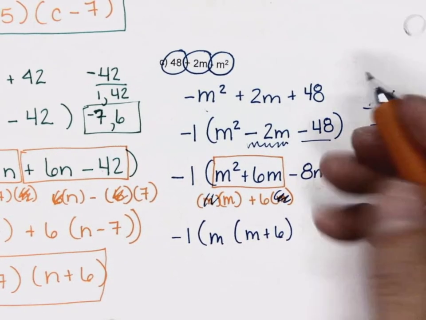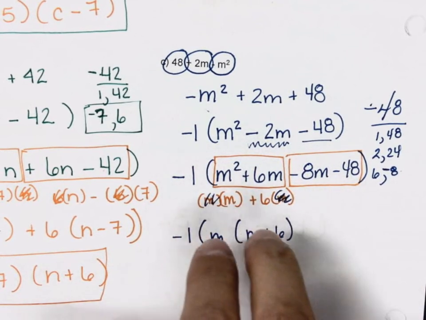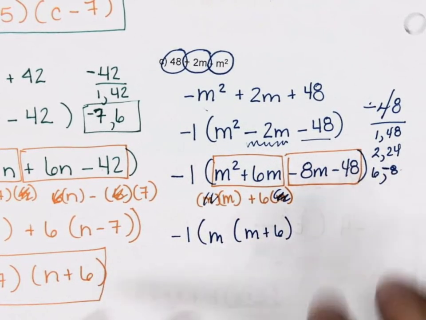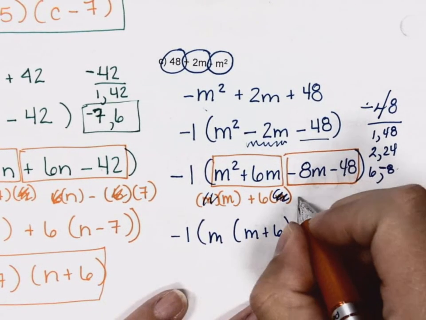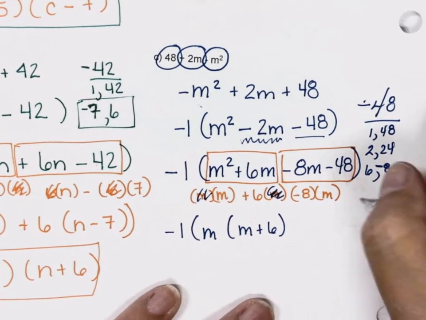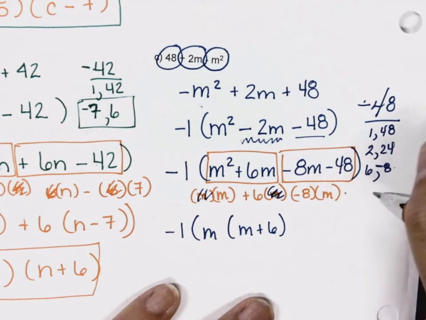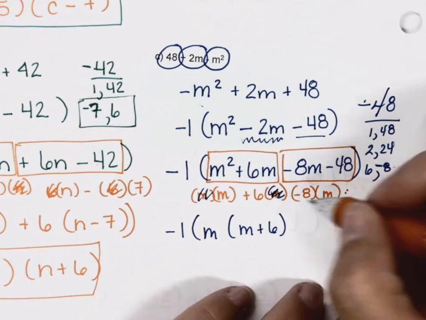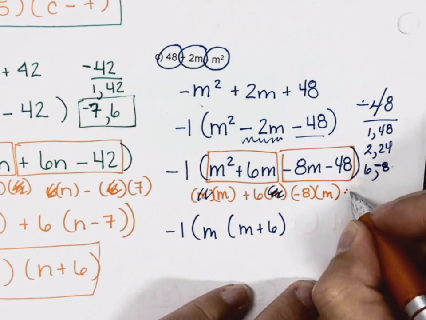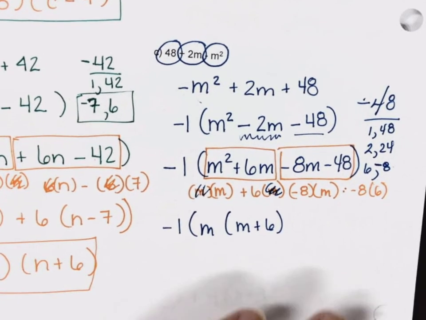And then I'm going to look at these two. So you've got to do it in steps, right? You've got to look at the first two, common factor out. Then you've got to look at the next two, common factor out. So I've got negative 8 times m, and if I want to take out a negative 8 out of this, what's left? That's going to be a positive 6.